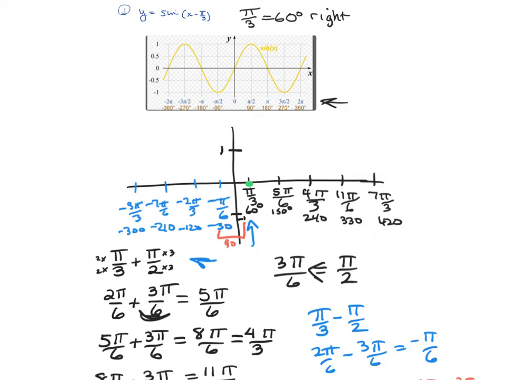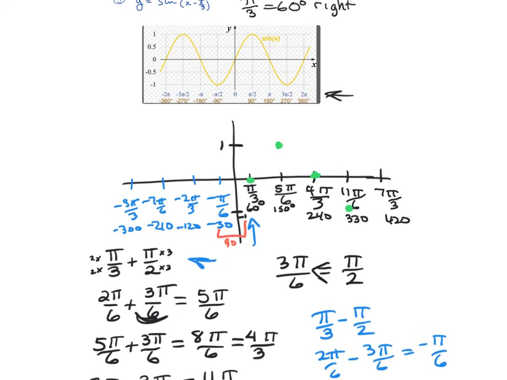So from here, I'm going to go up at the 5 pi over 6 to the 1, then back down at the 4 pi over 3 to 0, then to the negative 1 at the 11 pi over 6, and then at the 7 pi over 3, I'm back over here at the 0. So it goes up, down, down, up, and I can repeat the pattern.